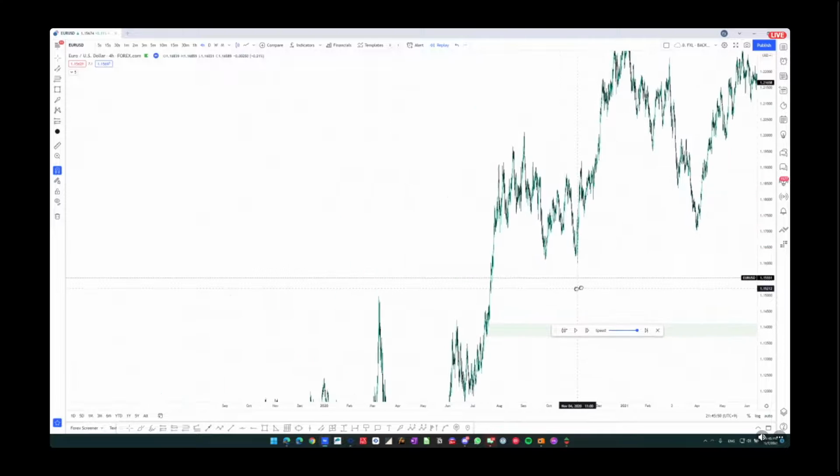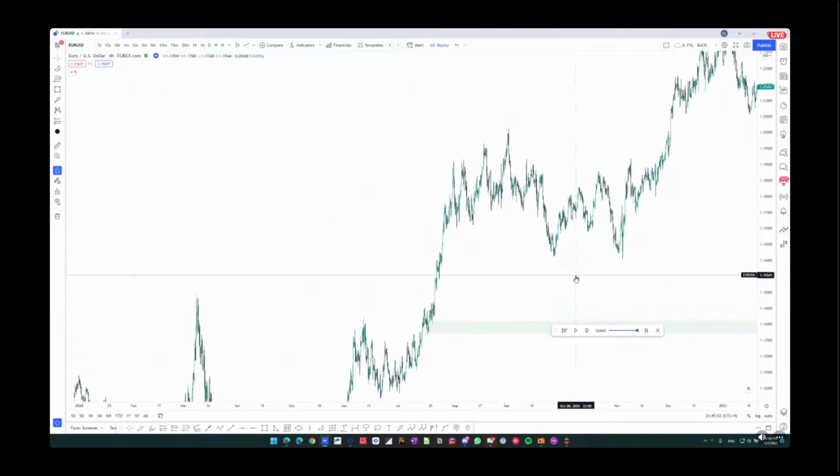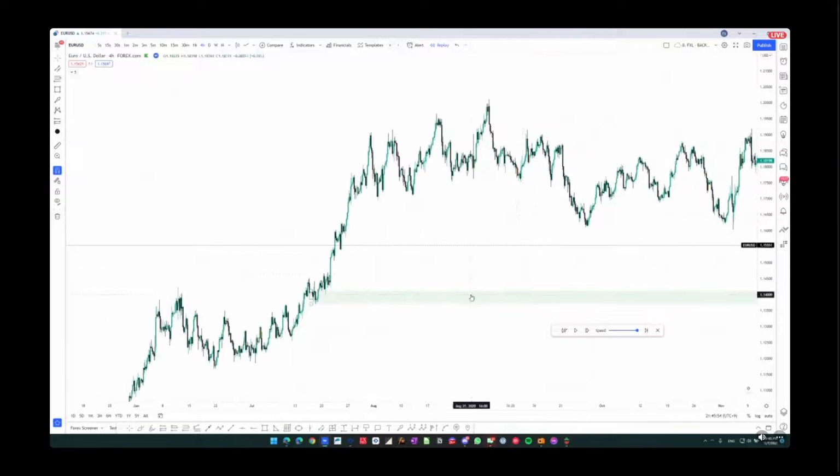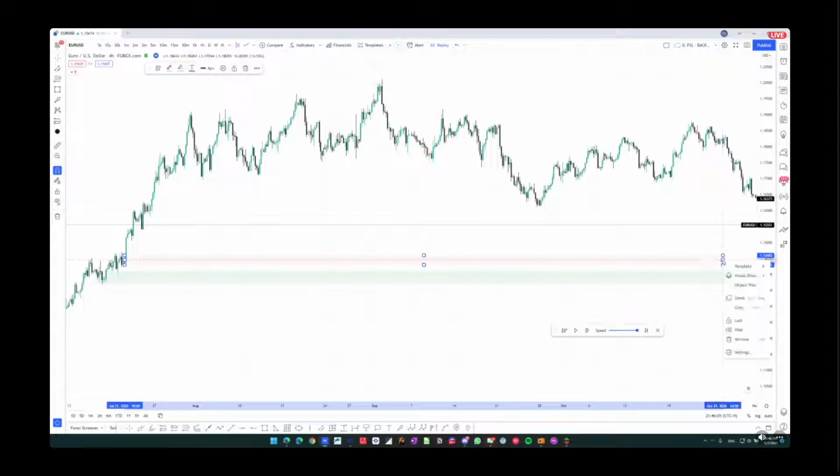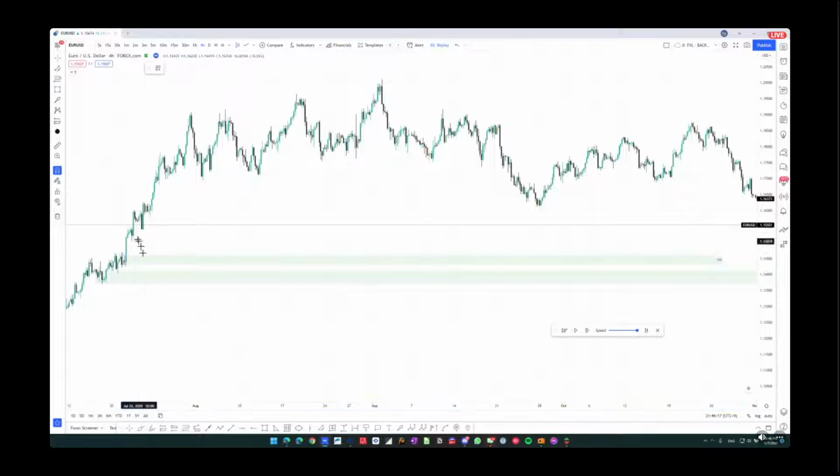Let me just check the left first. So on the left side, we have this demand here. This one's mitigated. This one, not really.